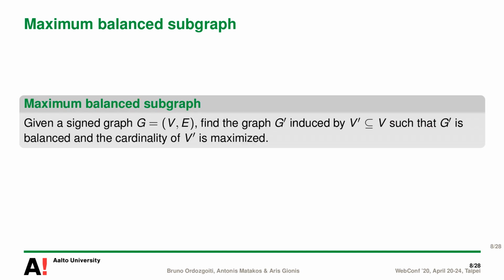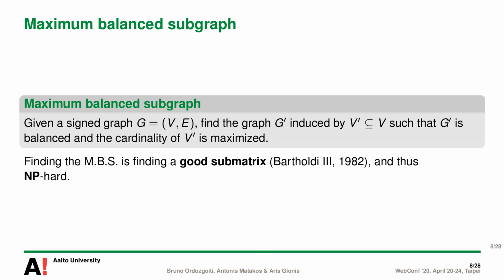So formally, this is the problem of the maximum balanced subgraph. Given a signed graph, we are asked to find the graph induced by a subset of the vertices of G, that is a subgraph of G, which is balanced and is as large as possible. This is an NP-hard problem.